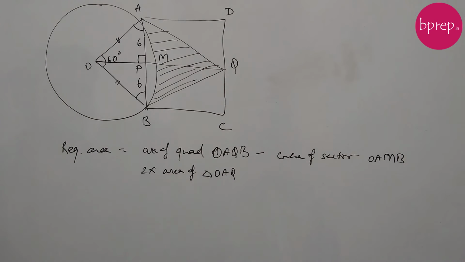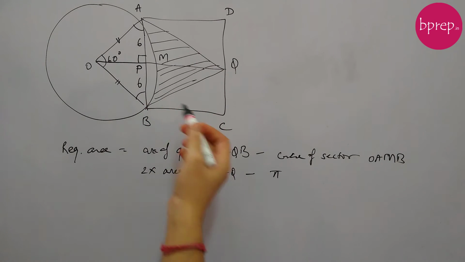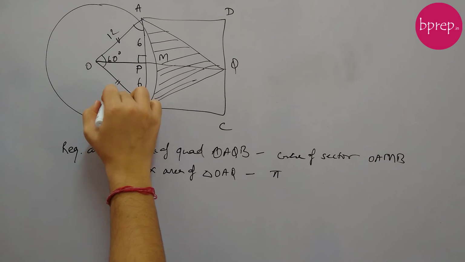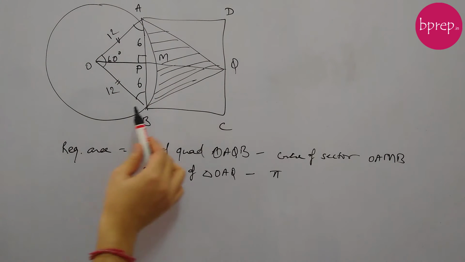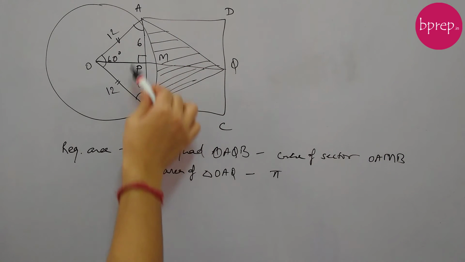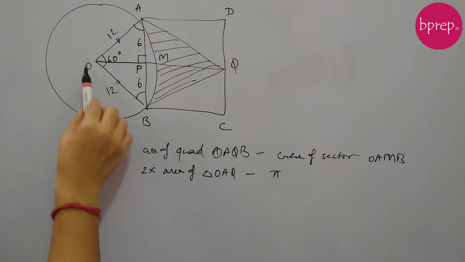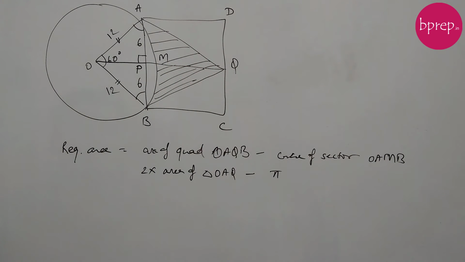And minus area of sector OAMB, which will be pi r square. R is 12 here. This was not given, but because length of AB is 12 and this triangle is equilateral, OA and OB both will be 12.